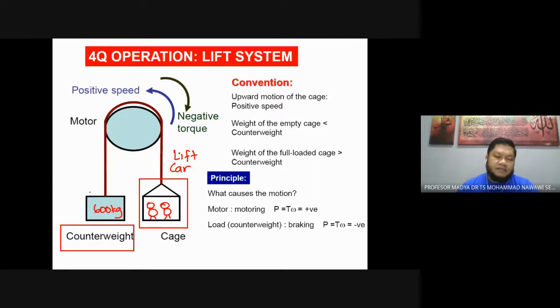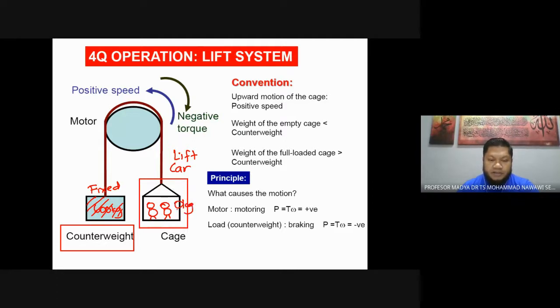It's fixed at a certain value, but your cage here can be 0, isn't it? If nobody is inside the cage, we just say we remove the weight of the cage. Let's say we start with 0 kg.